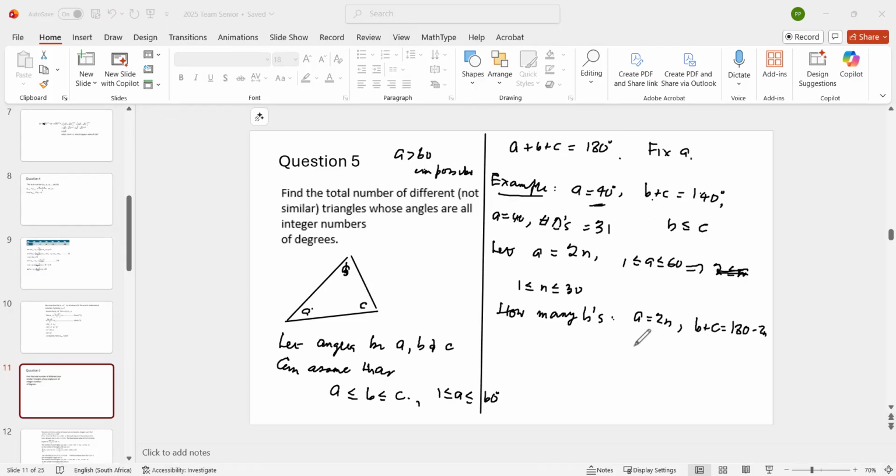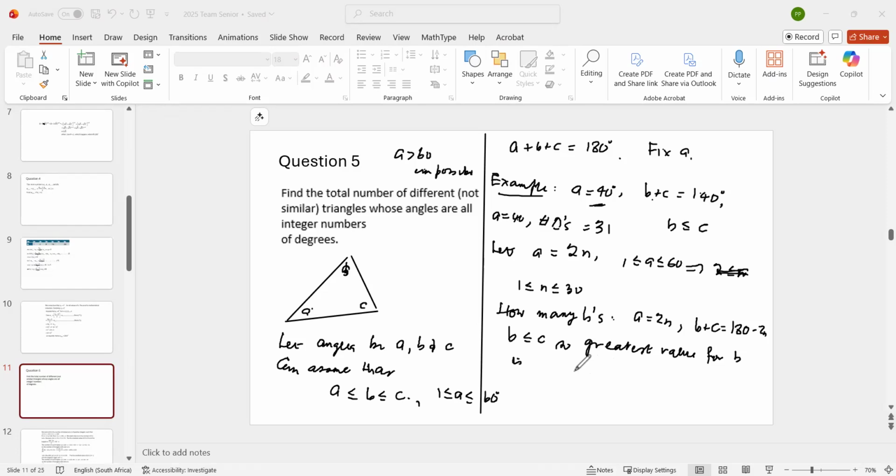And therefore, remember we said B can be only up to 70. Remember B is less than or equal to C. So the highest value for B is, remember we had 2B equals 140. That's how we get 70.